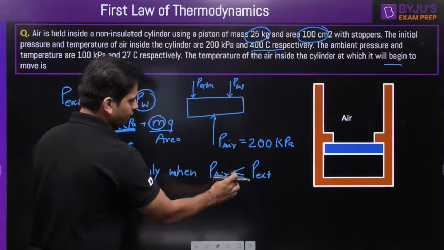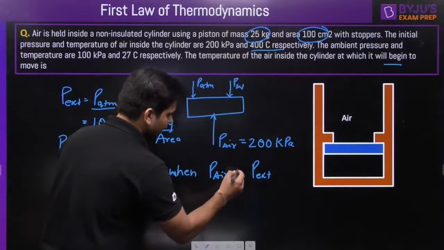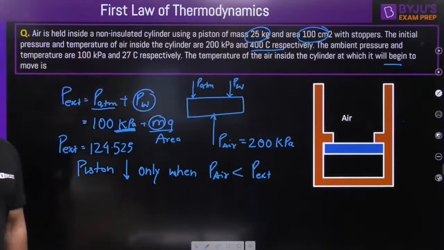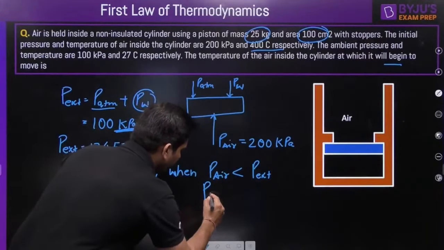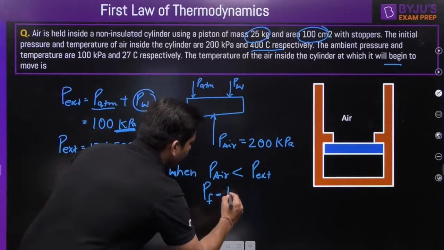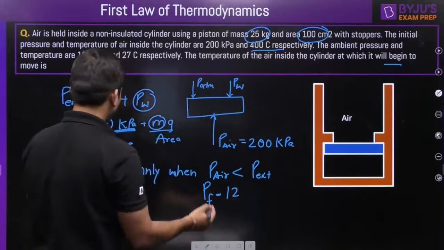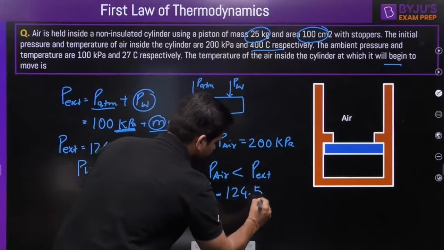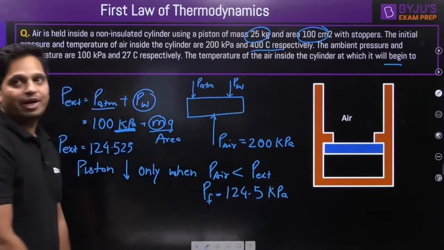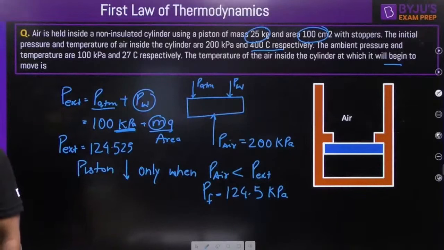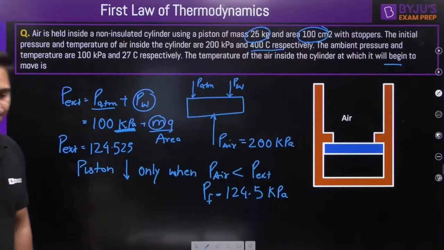So what is the minimum value of P air? P final should be 124.5 kilopascal. That is the final pressure.